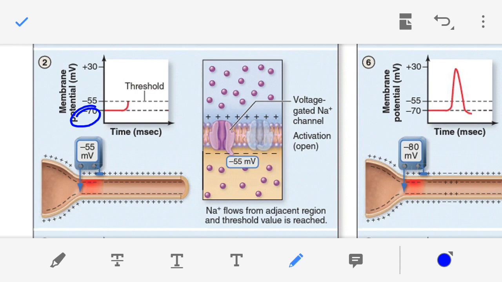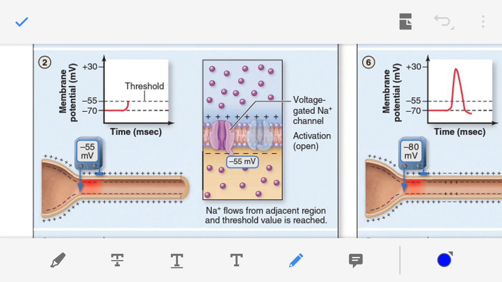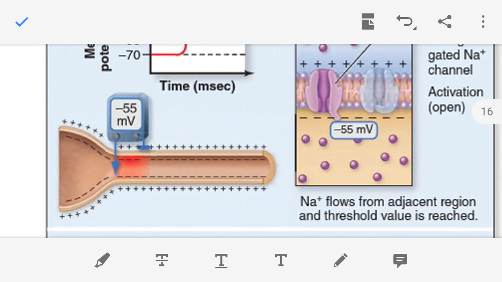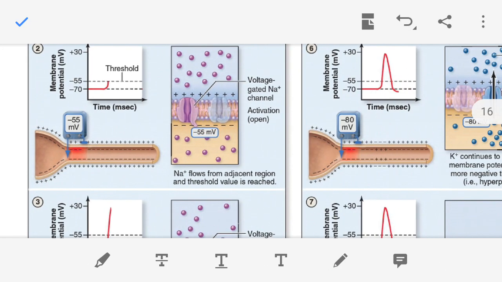Minus 70 is the resting membrane potential, and now as the Na+ comes inside the cytosol, this negative value is decreasing and reaching the level of minus 55, and this minus 55 is known as the threshold value for membrane potential. Okay, so here the voltmeter is showing minus 55 mV.